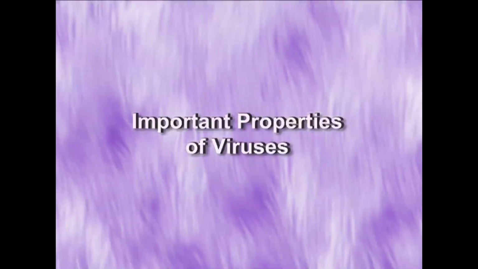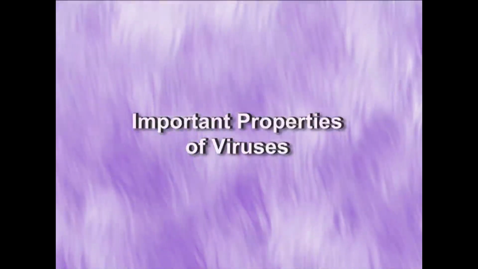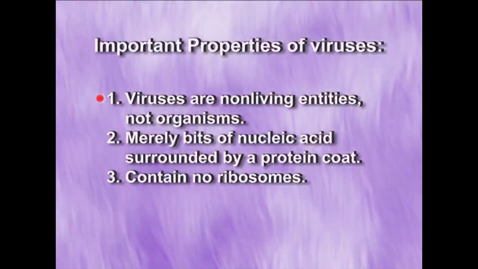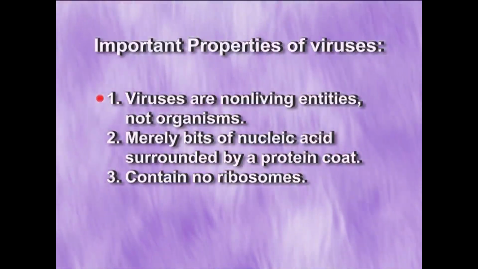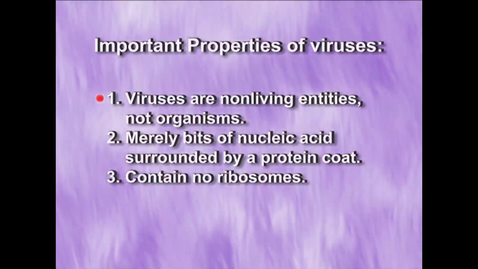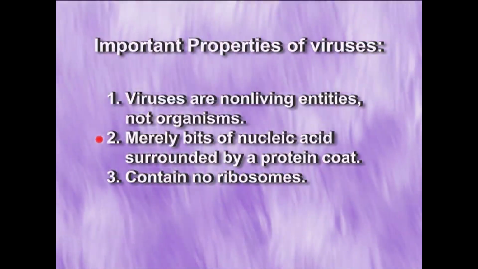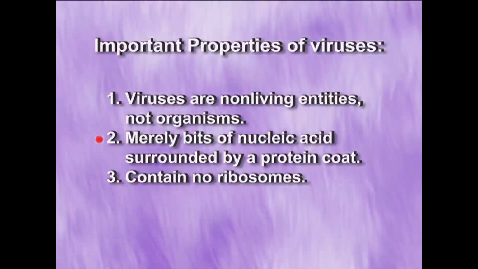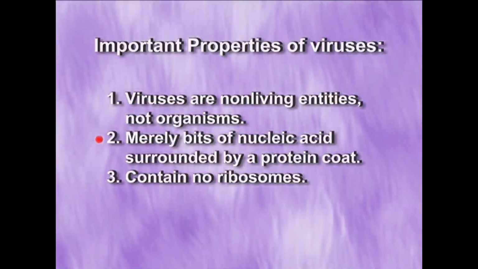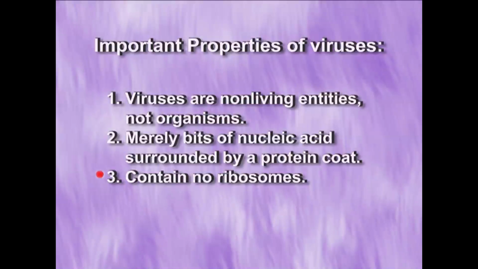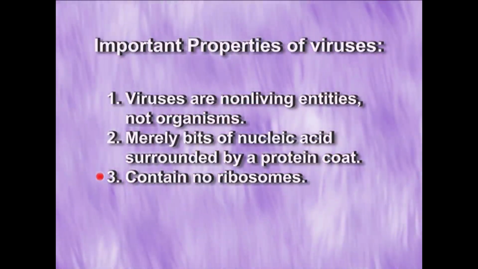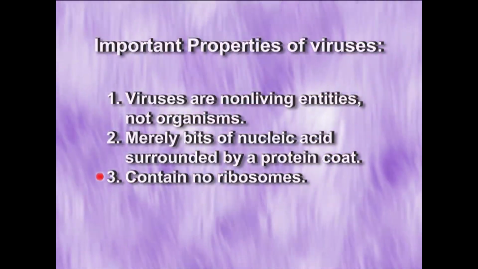So let's look into the important properties of a virus that make it different from the living world. Viruses are non-living entities, we all know. They are not organisms, number one. Number two, they are just bits of nucleic acid surrounded by a protein coat. Then they don't have any ribosomes, as other living organisms do.